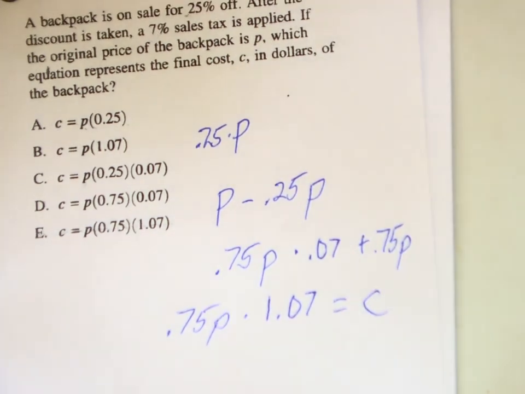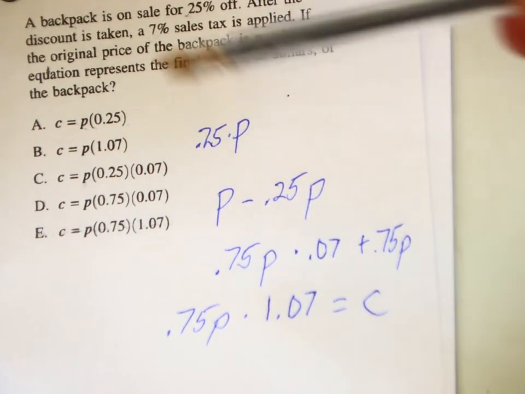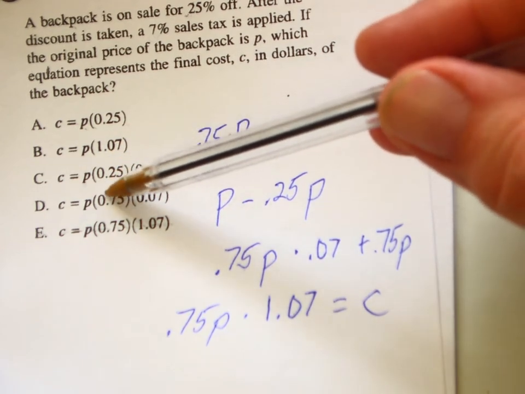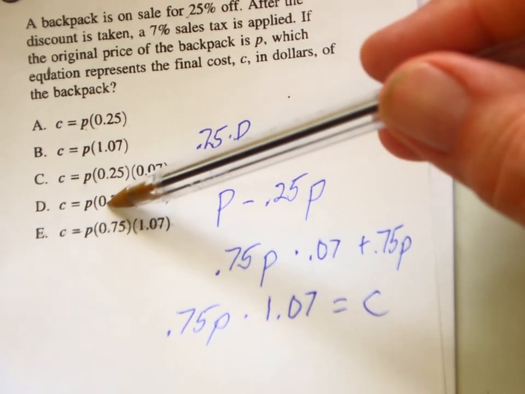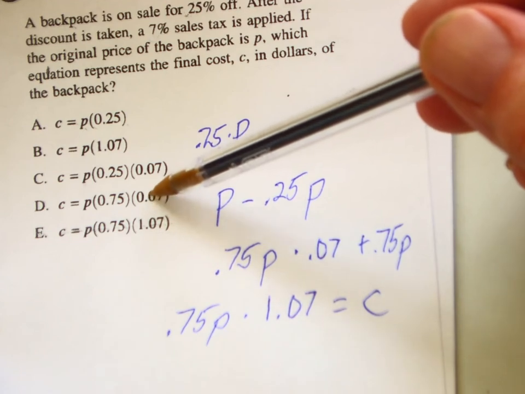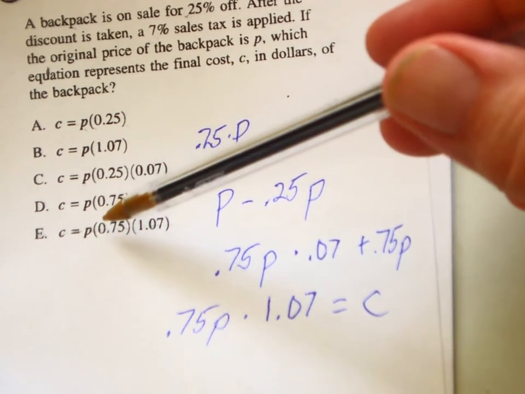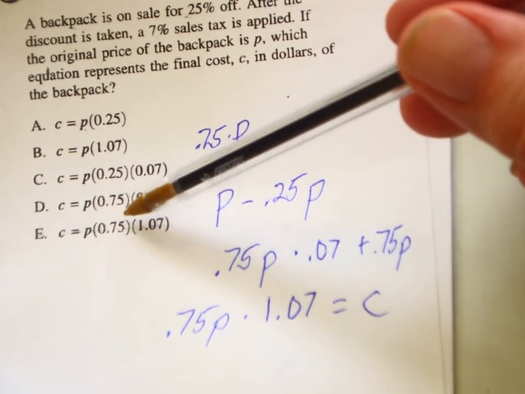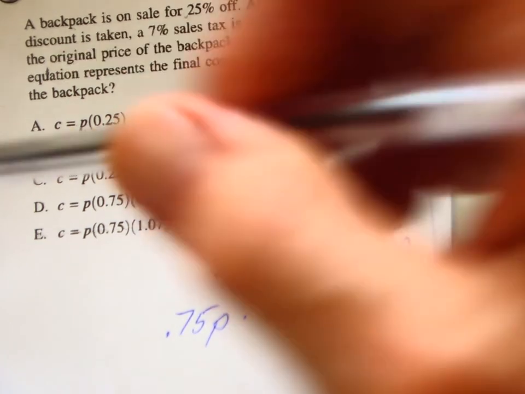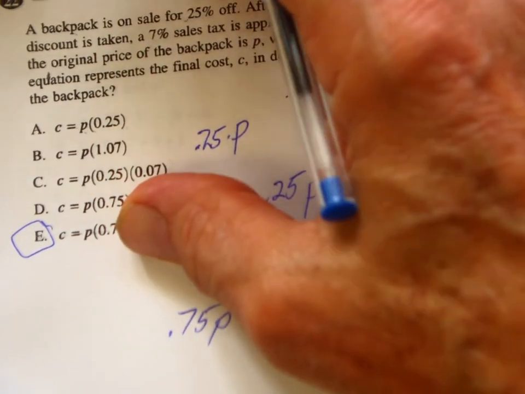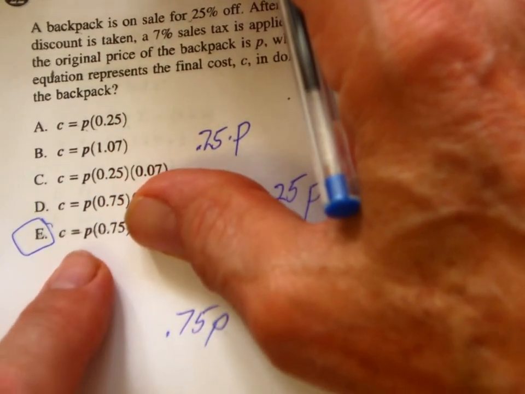Can you find it up there? P times 0.75. Here's P times 0.75, but it's times 0.07. We want 1.07. Here it is, P 0.75 times 1.07. This is the price after we take the 25% discount.